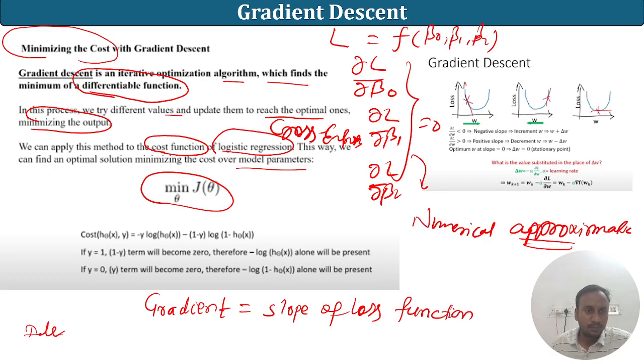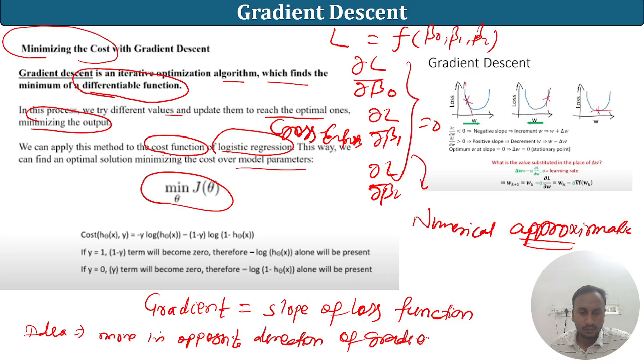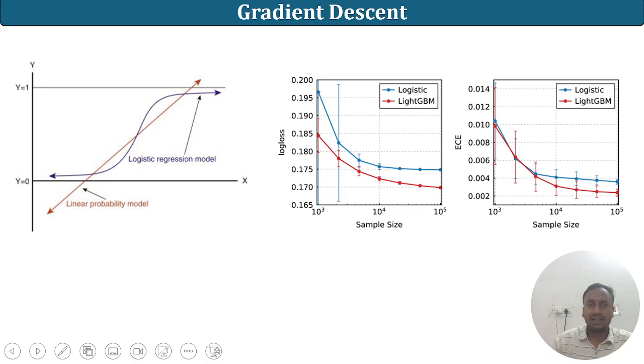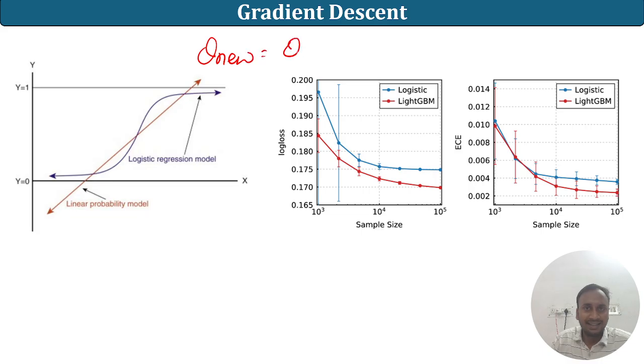And the idea is to move in the opposite direction of the gradient to reduce the loss. So how do we calculate it? Theta new will be theta old minus eta times the gradient of L with respect to theta. Eta is the learning rate.